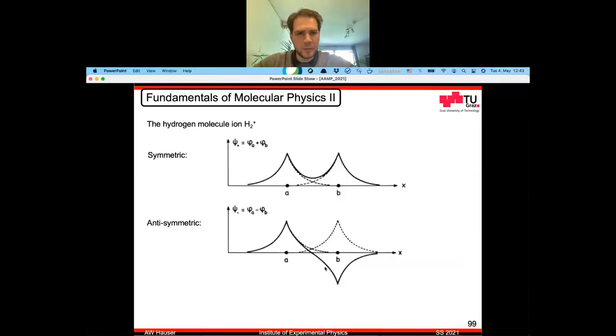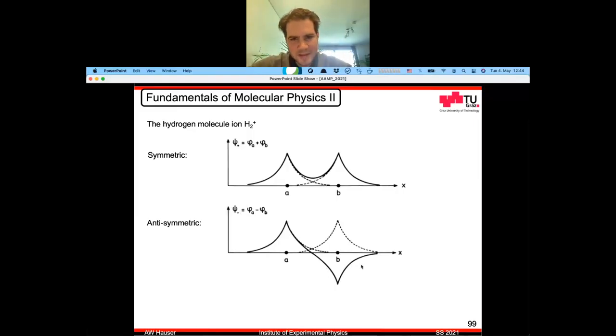Okay, and if we look at them, you can see it here. That would be the symmetric wave function that we are forming by having just a summation of phi A and phi B. And the antisymmetric one is the difference between the two, leading to this shape.